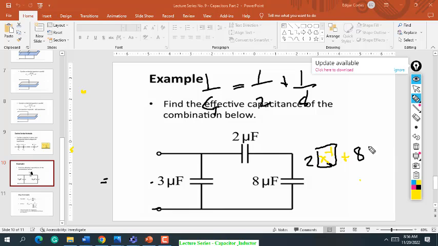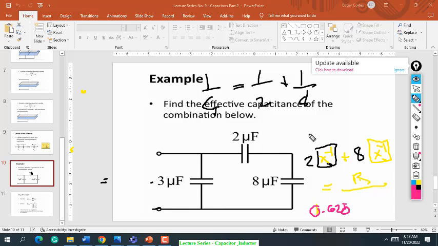Okay. And then in your calculator, x to the negative 1 again. So, equals. That's the result. Using the operation 2 inverse plus 8 inverse equals, the total for this one is 0.625.